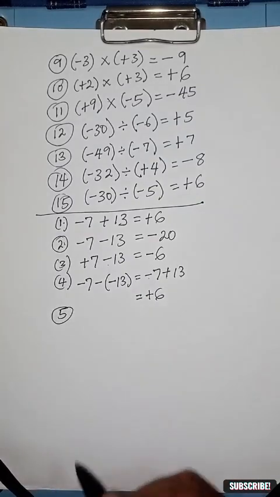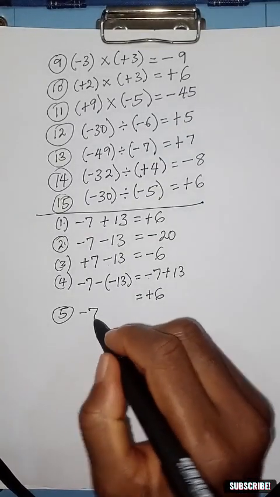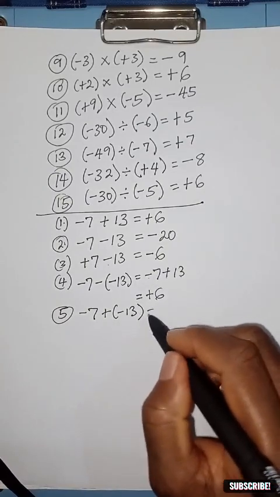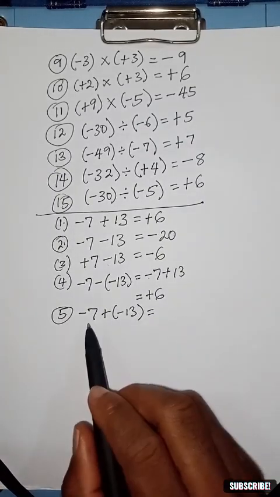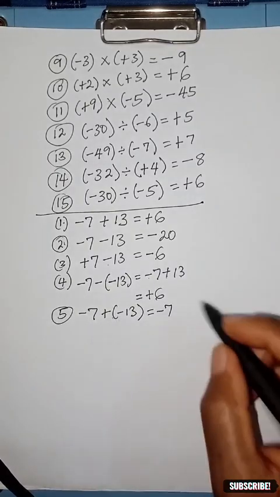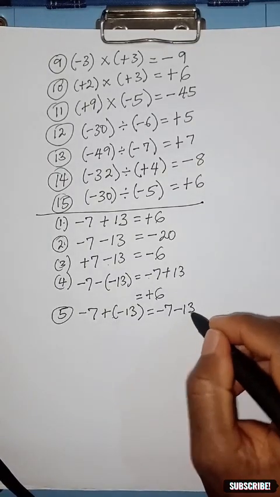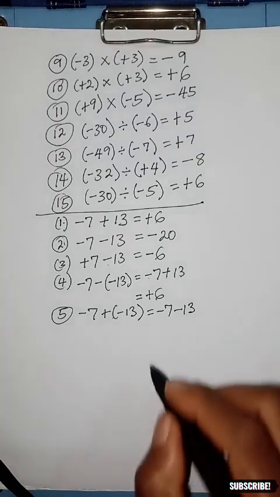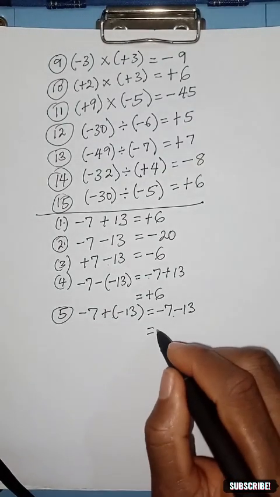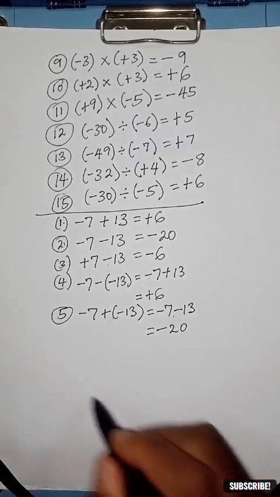Number 5, minus 7 plus minus 13. This is the same thing as minus 7. Plus times minus is minus 13. And so again, you're owing 7, you're owing 13, that's minus 20.